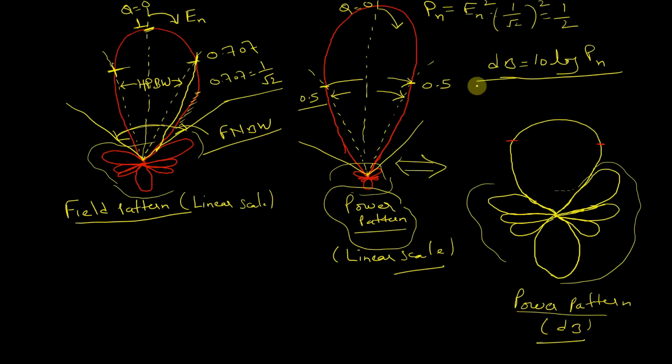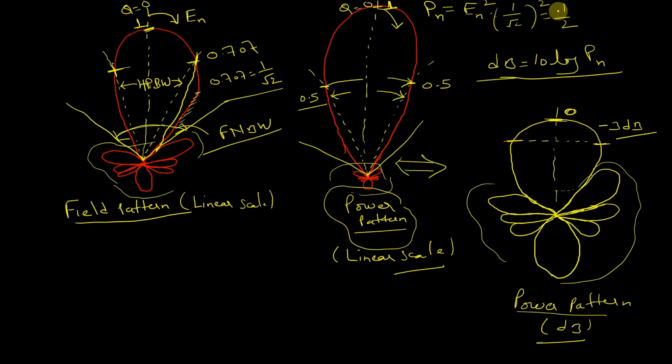Okay, now if you take the log of this 0.5, that will be minus 3 dB, because here the value is 1. We have normalized it, so the value is 1, but log 1 is 0, so you will have value 0 here. And this value will be minus 3 dB, 3 dB down from that.